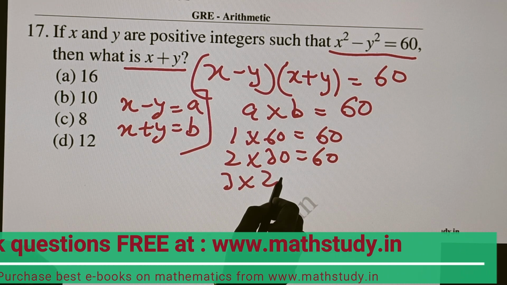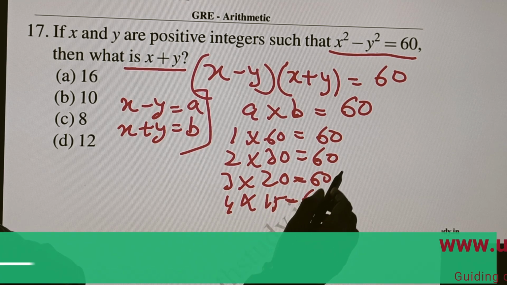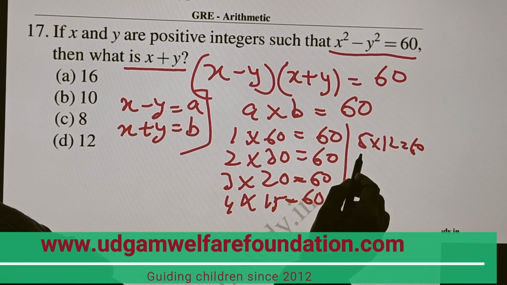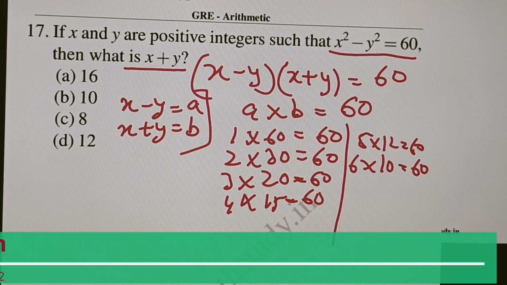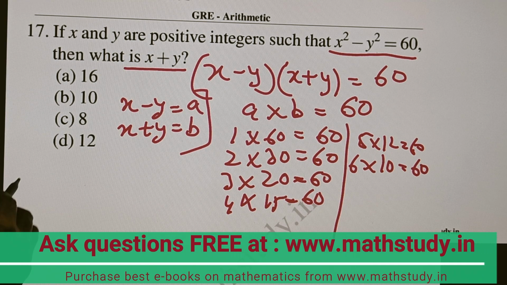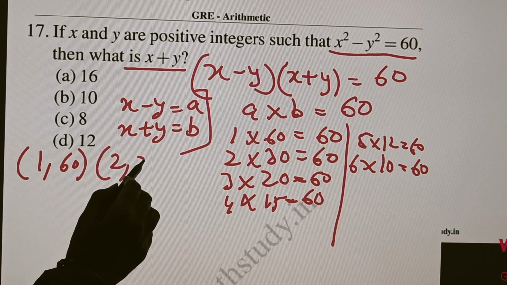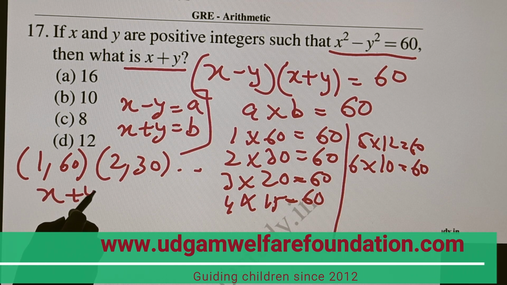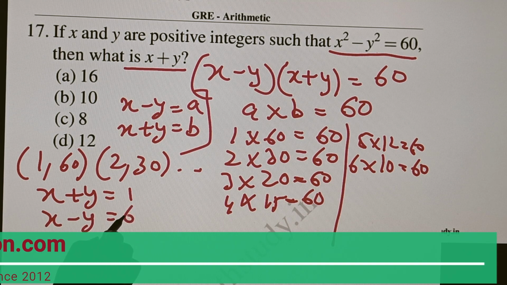Similarly, 3 into 20 is 60, 4 into 15 is 60, 5 into 12 is 60, and 6 into 10 is 60. Now we can solve these equations by using pairs. Like the first pair is 1 and 60, another pair is 2 and 30, like this. So we have two equations like x plus y equal to 60 and x minus y equal to 1.